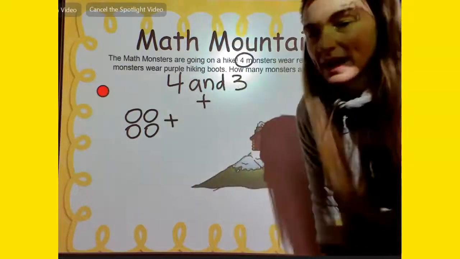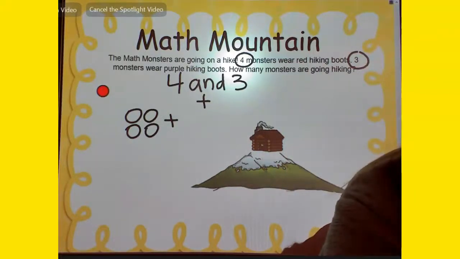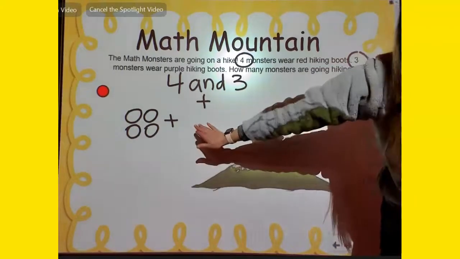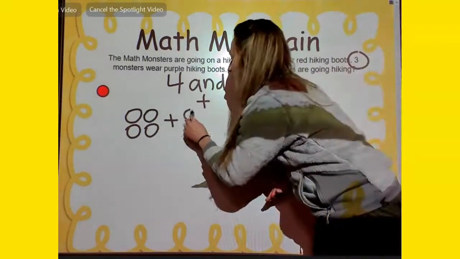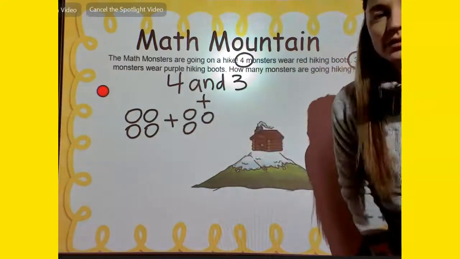Okay, Paige, what am I adding to the 4? Uh-oh, Paige, I don't think your microphone's turned on. There we go. How about 3? 3 more. Paige, do you know how many are all together? If we add all of these together?